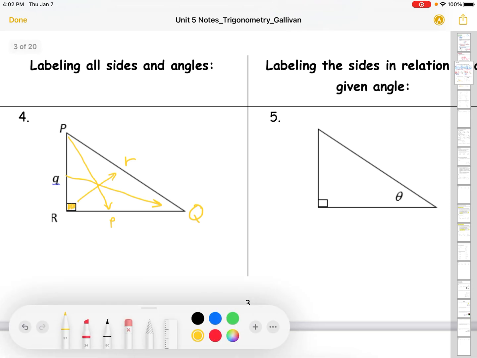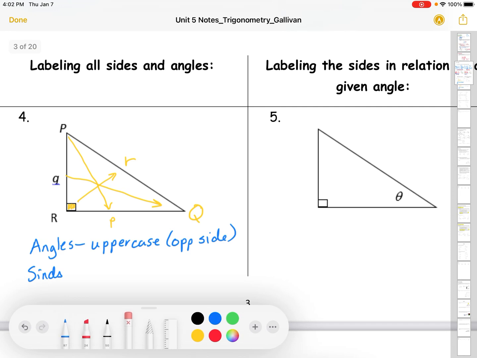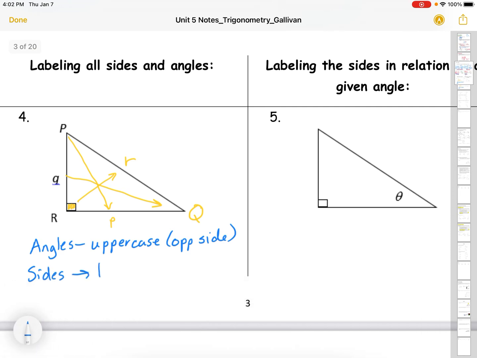Okay, so as I said, angles are uppercase, and you're always looking opposite the side, right? And sides are lowercase, and they're opposite the angle.